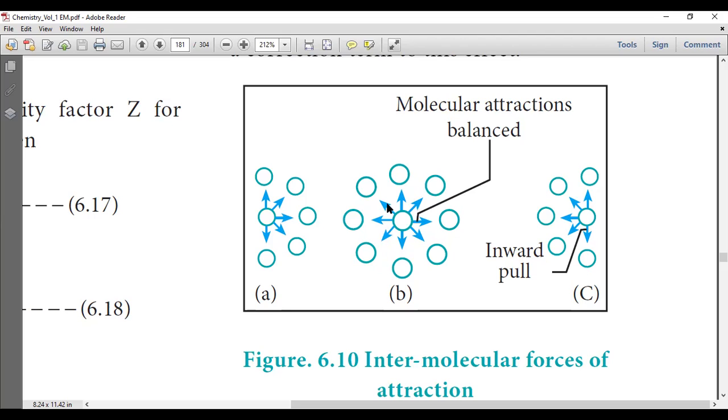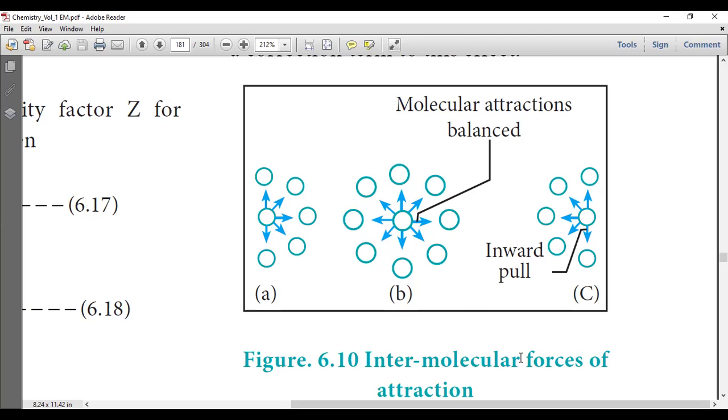Okay, so which means these gas molecules get a balanced attraction. So when we take this gas molecule which is striking towards the wall of the container, that leads to the inward pull. Which means the gas molecules in the corner get pulled to one side. That is given in this picture.